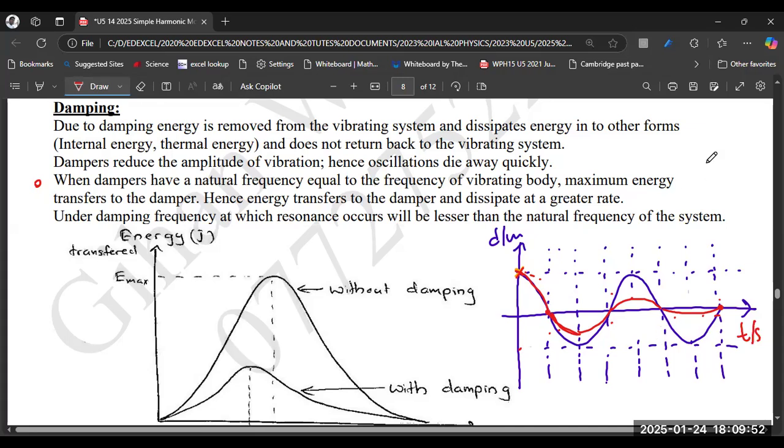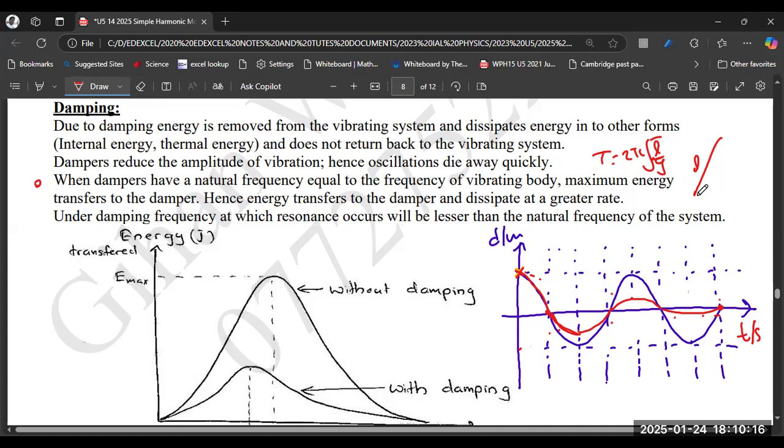Why? If it is a simple pendulum and the length of the pendulum is not changing, we can't change the 2π√(L/g) value. So as we can't change the 2π√(L/g) value, we can't change the time period. Isn't it? So m over k was the same thing.